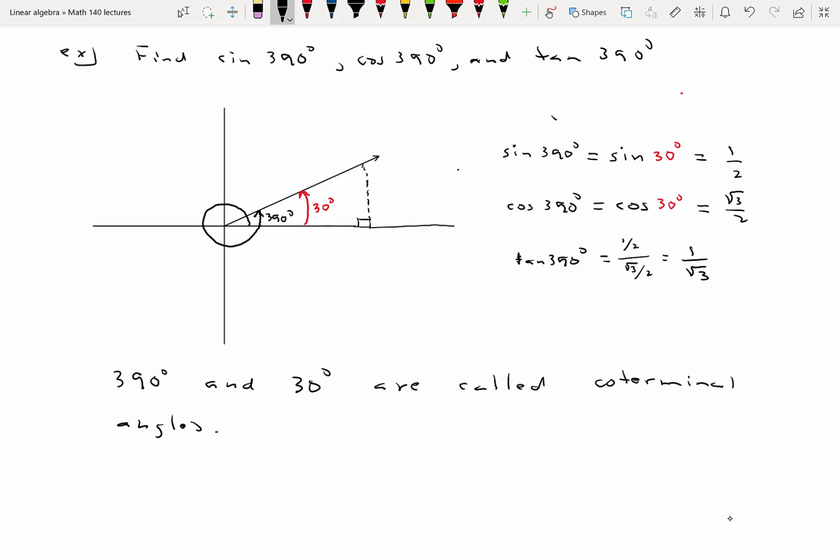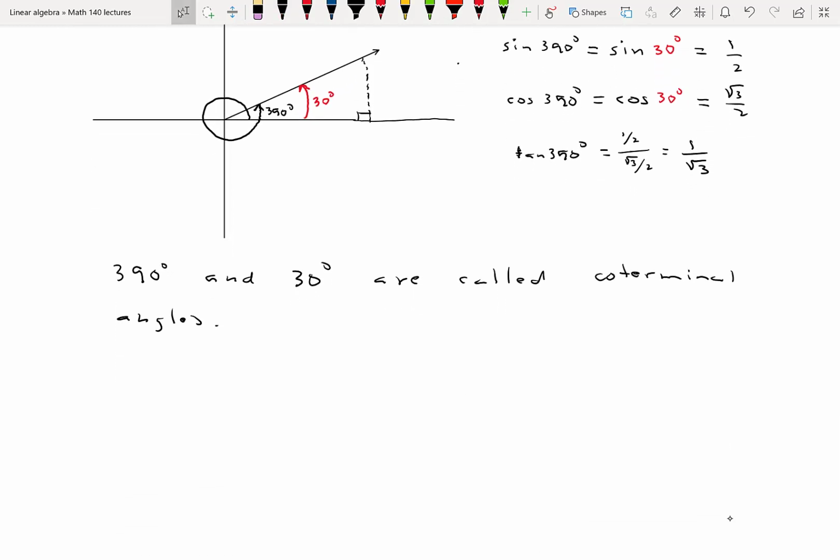Okay, and what we just did is going to lead to, and this is going to sound like bad news, but remember, I told you there are a lot of these identities to memorize in the course, like 75 or 80 of them or whatever. This is going to lead to 12 more identities, but they're extremely easy to memorize. Let's get to that. 390 and 30 degrees are called coterminal because they share the same terminal side. One is just bigger than the other.